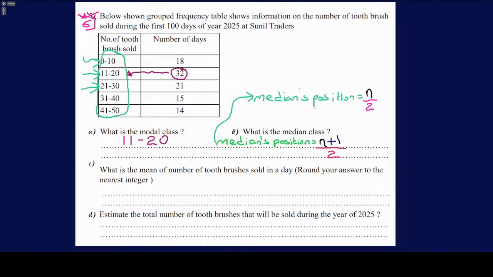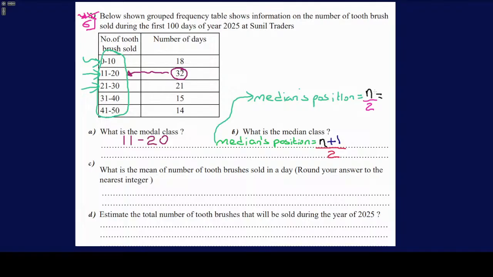So median's position is n divided by 2. Why am I simply writing n divided by 2 without the plus 1? Because I am dealing with a data set that has been put into classes. Due to that fact, I am just using n divided by 2.